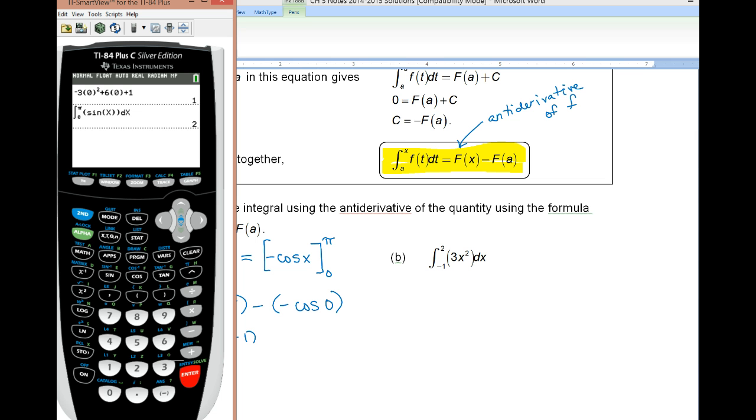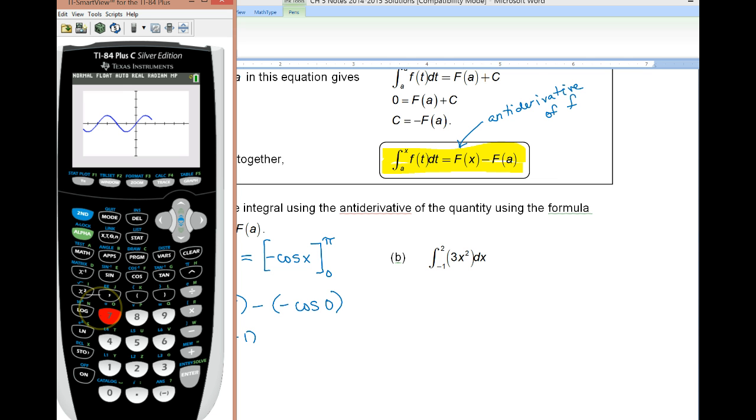You could also go to your graph. Those of you that have an 83, there are a couple of ways you could do it. If you go to your y equals and type in sine x, anybody can do this. All the graphing calculators have this ability. I'll just graph it in trig. So here's our sine curve.